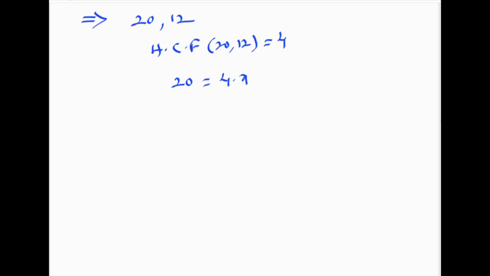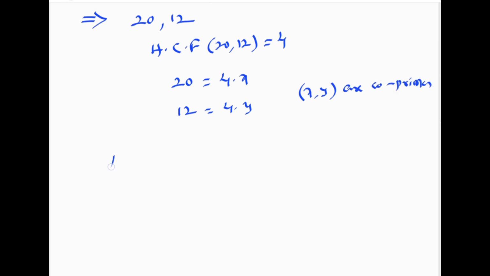If I take an example for this, take the earlier numbers 20 and 12. What is the highest common factor we got for 20 and 12? That is 4. Now we can write 20 as 4 into something, and similarly 12 as 4 into something. Here X and Y are co-primes.